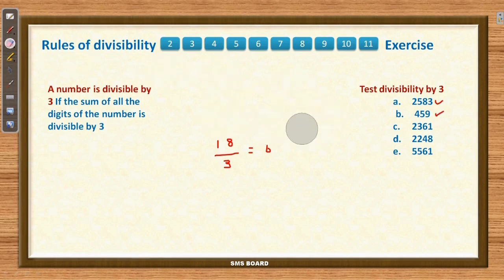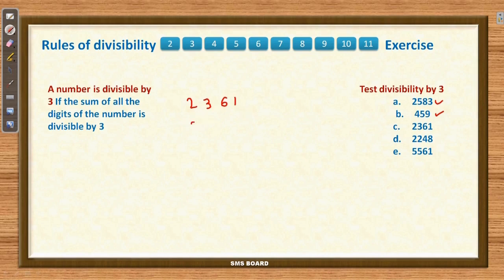Now let us discuss one more problem. What is the third problem? That is 2361. The digits are 2, 3, 6 and 1.